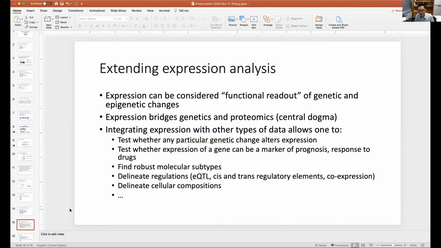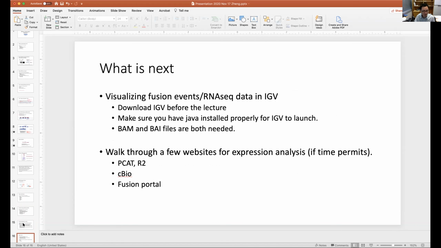But I think more and more people realize the expression is very complicated, but it actually gives you some information that you can't get from DNA data. The expression, of course, bridges genetic and proteomics data. You can integrate the gene expression with other types of data, including the survival and other things. So I think that's pretty much all I want to talk about.